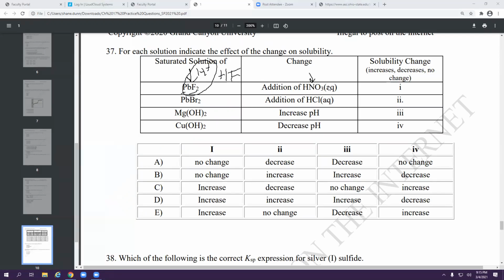Is that a strong or weak acid? So if I add an acid to that guy, I get a weak acid, right? But I also get lead nitrate. This concept comes back from kind of Chem 113, but anything plus a nitrate becomes soluble. So the solubility is going to increase for the first one.